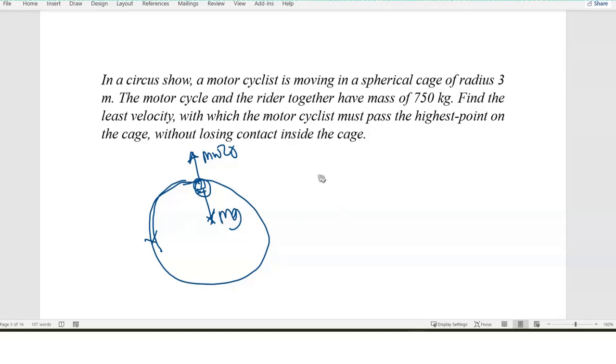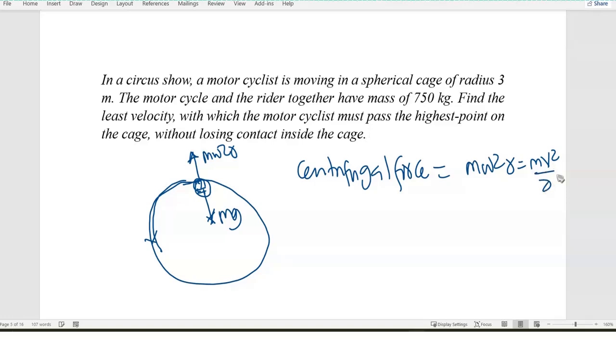Now, let's begin. What is the centrifugal force? Centrifugal force will be m omega squared r, and this is the same as mv squared over r.